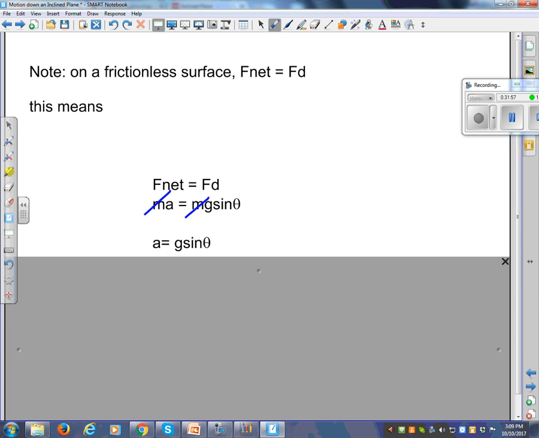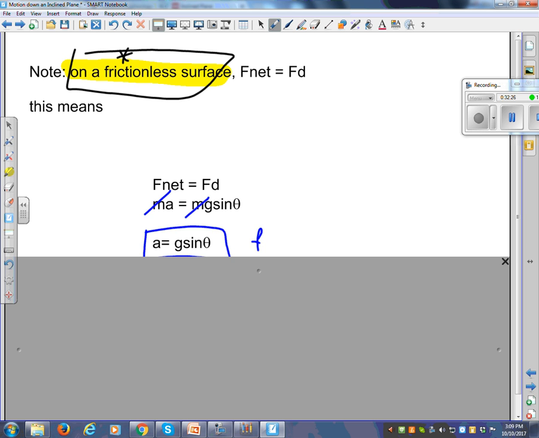Let me state this very clearly: on a frictionless surface, when the net force is the FD, FNet is equal to MA, FD is equal to mg sine theta. You can cancel the masses because the mass doesn't matter, and the acceleration is equal to g sine theta. Again, only on a frictionless surface.